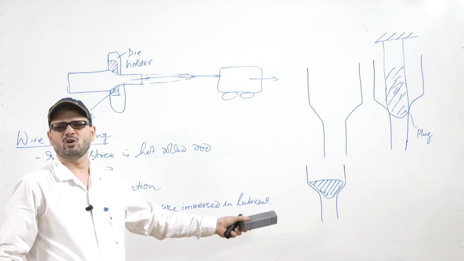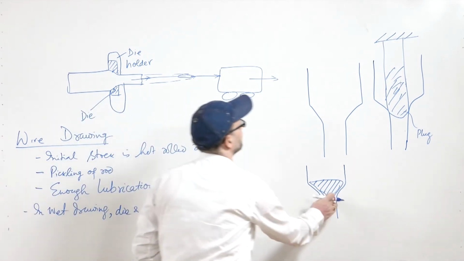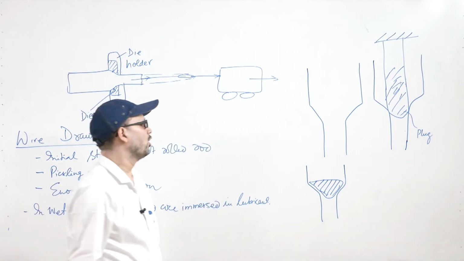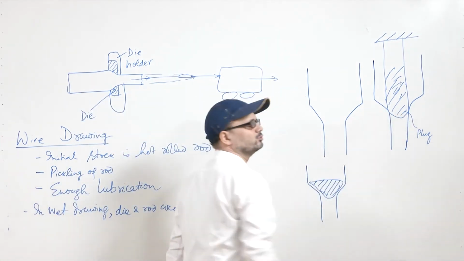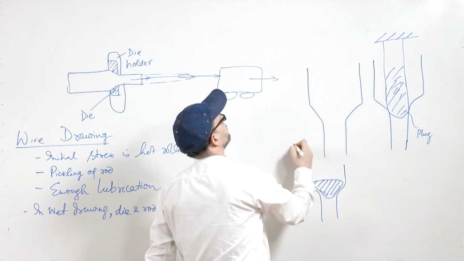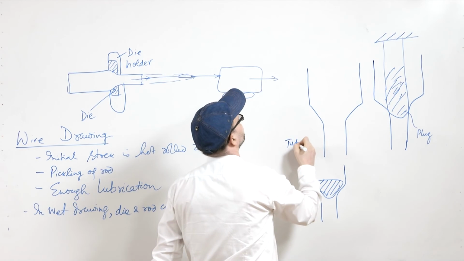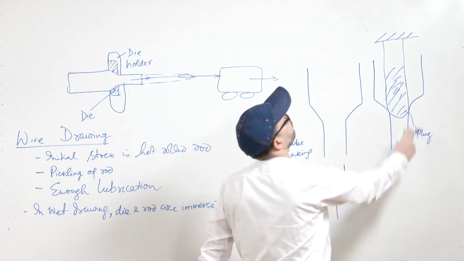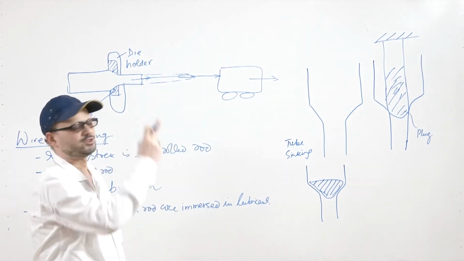Using this plug also, such hollow tubes can be drawn. Here whatever you make without a plug is known as tube sinking, and this is tube making with the use of a plug, which is the fixed one.